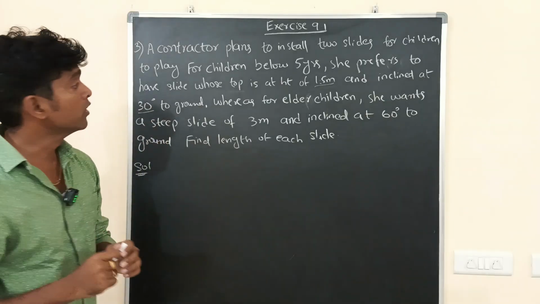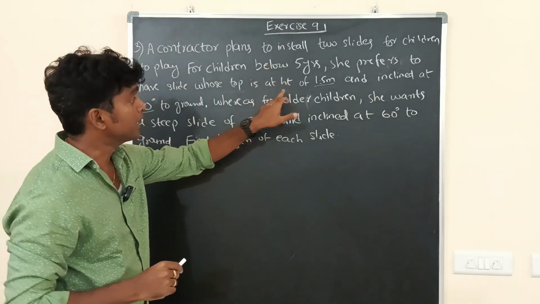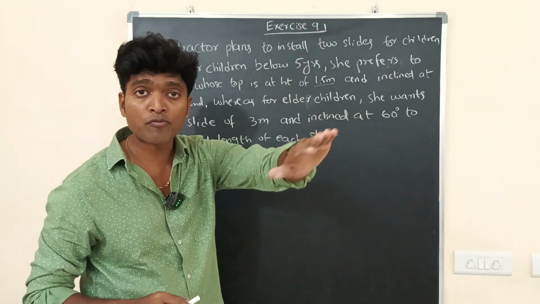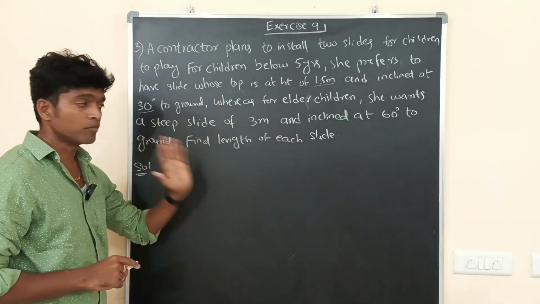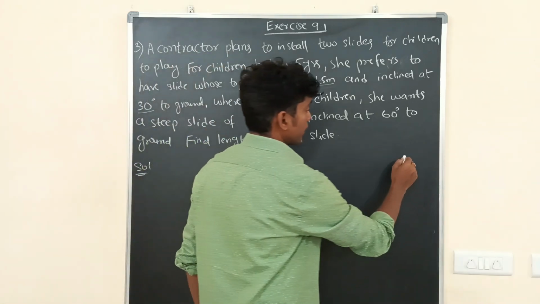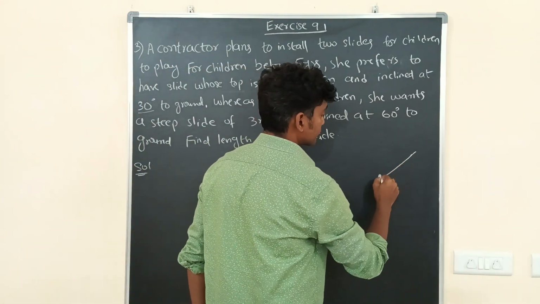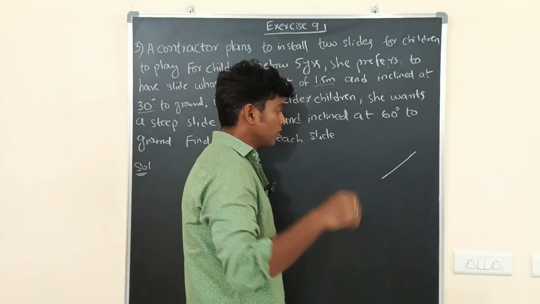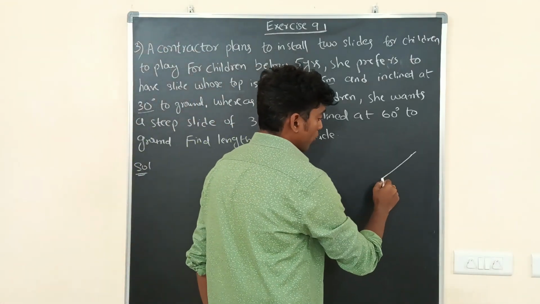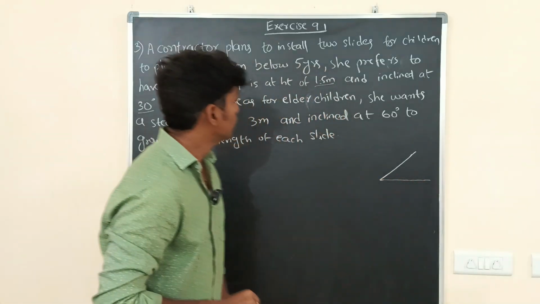What is the data? The top of the slide is at the height of 1.5 meters from the ground and is inclined at 30 degrees to the ground. So let us consider this one as the slide. A slide will always be a slope, and this will be the ground.